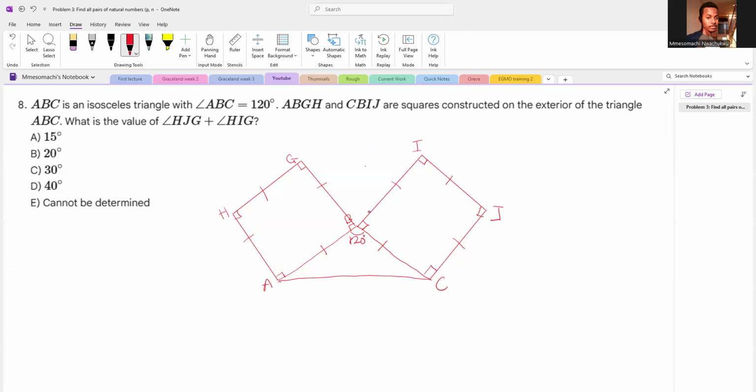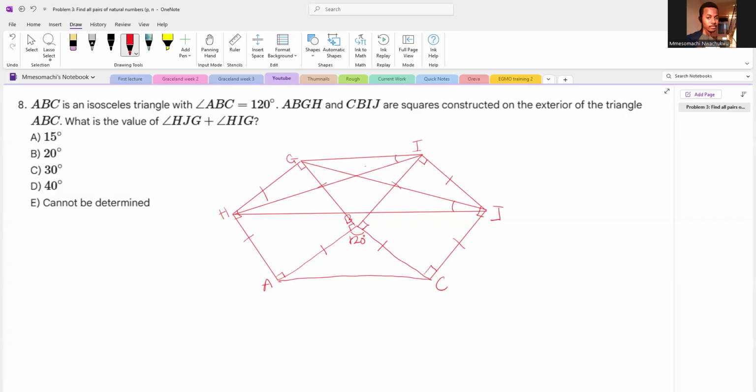And then we want to find the sum of the angles HJG and HIG. So I want to find the sum of these angles. Let's look at this and see what we can get.